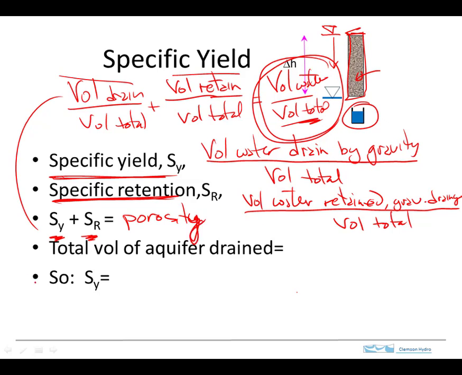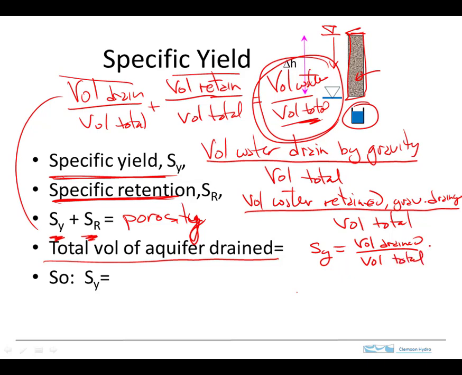Okay, so the total volume of water that has drained from the aquifer, we can determine that because we can say, well, specific yield equals volume drained over V total.